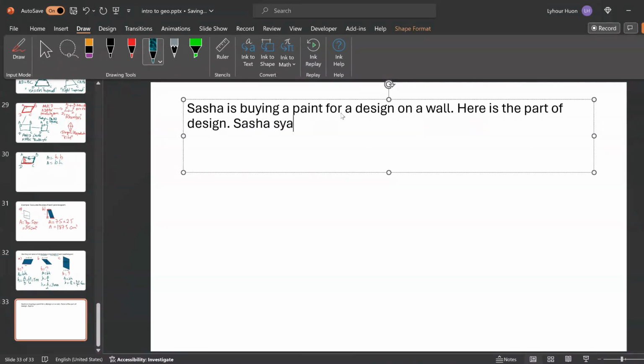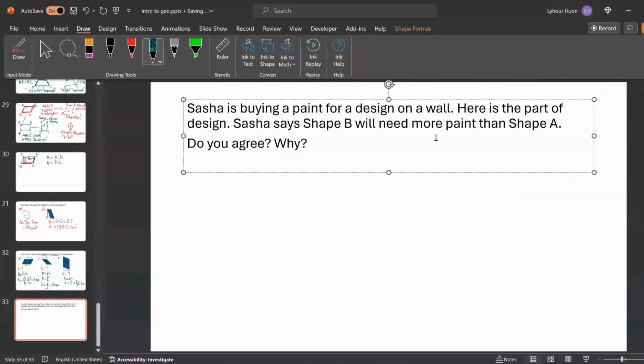Say shape B will need more paint than shape A. Do you agree? And why? Okay, I will draw a shape.